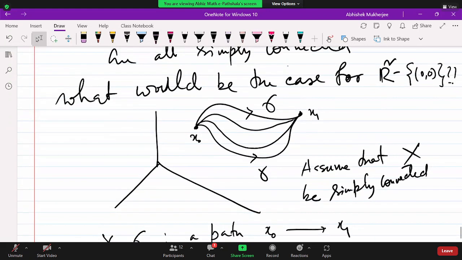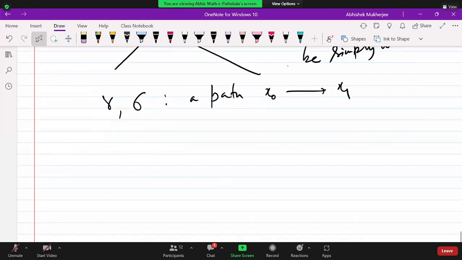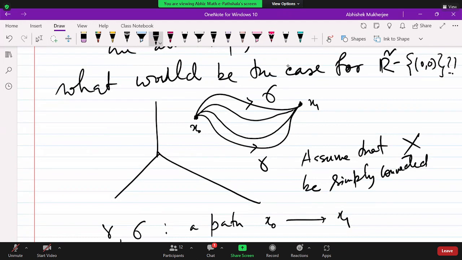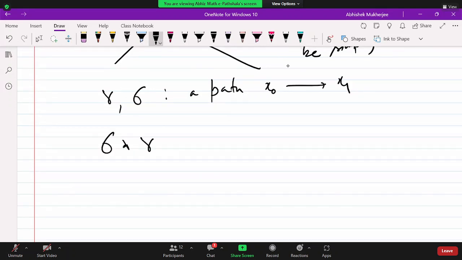Now, with respect to these two paths, you can always define a loop based at x naught. Starting from x naught via sigma, and then coming back to x naught via gamma bar. So sigma star gamma bar is a loop based at x naught.